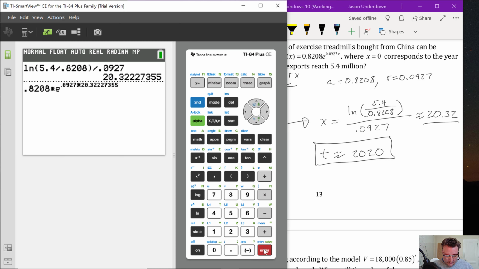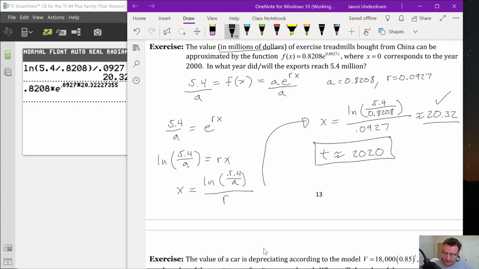Copy that in, get out of the exponent, and enter. There we go. We get exactly 5.4. So this checks out, and thus we would expect the exports to reach 5.4 million in the year 2020.